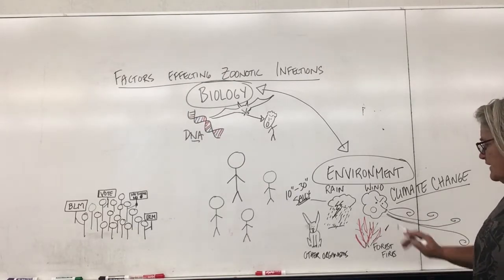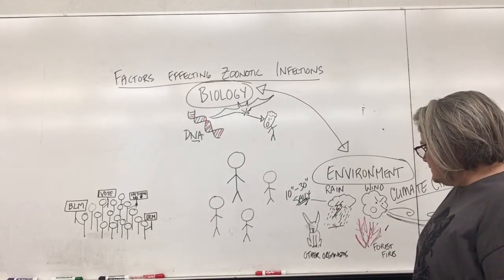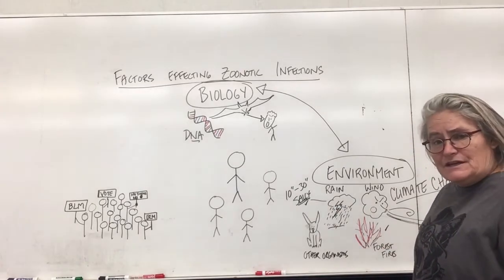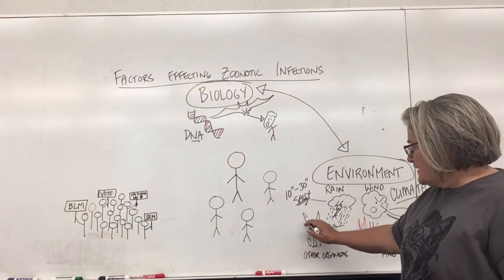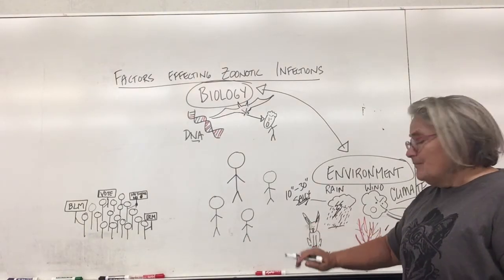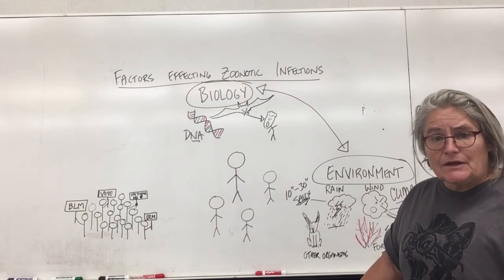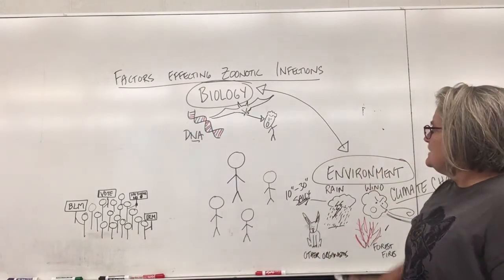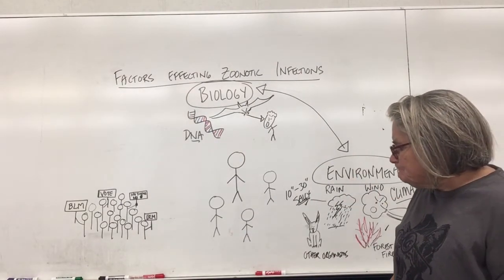We have forest fires burning out west. We have a hurricane hitting our southern shores. And another thing to think about is also the presence of other organisms. I just sketched out a little rabbit here, but we've got all kinds of other organisms that share the environment with us. So biology is strongly connected to our environment.